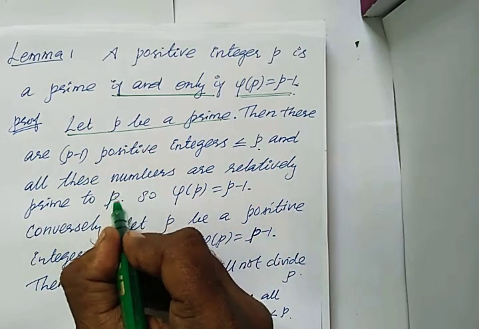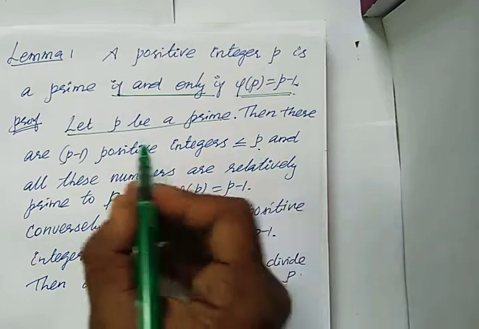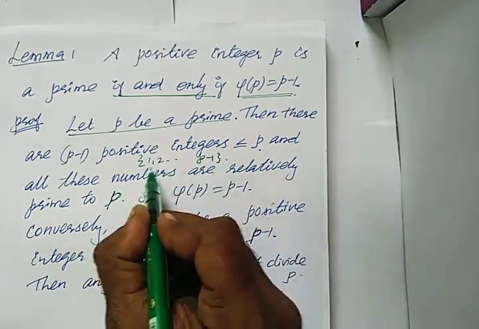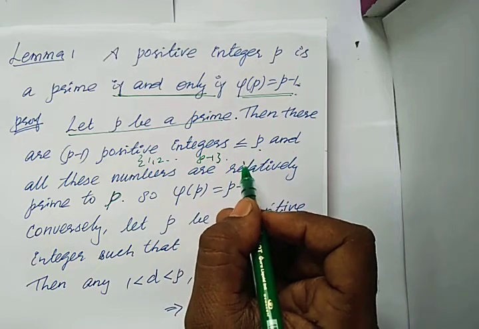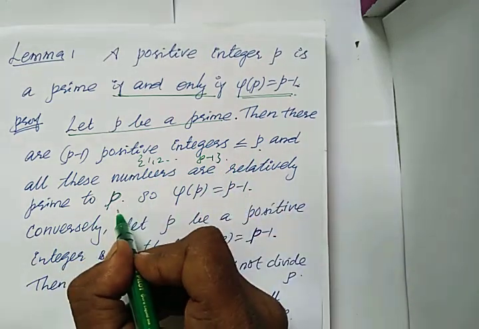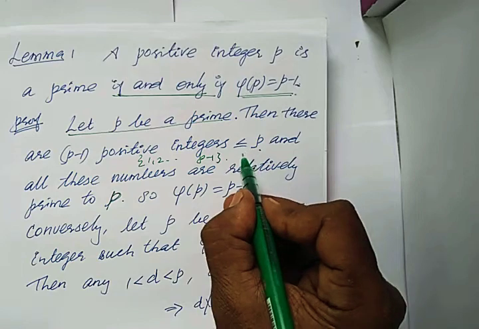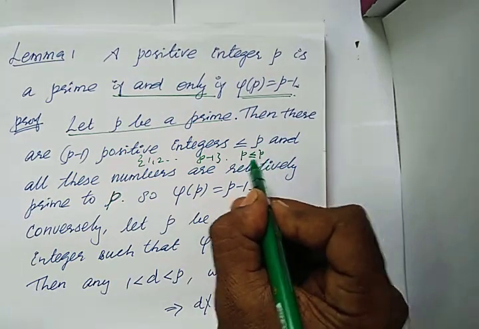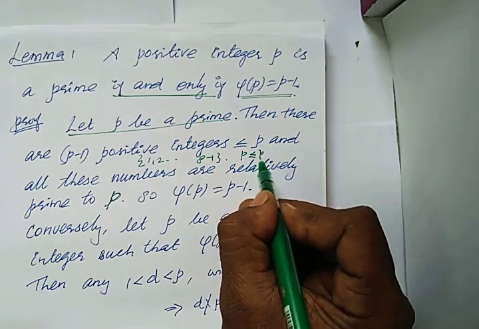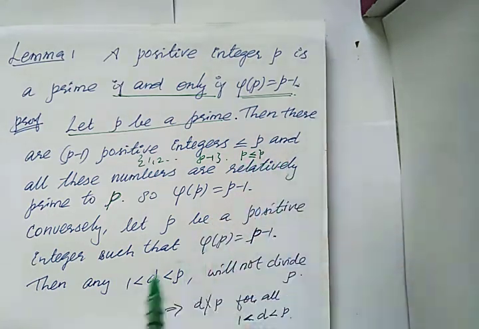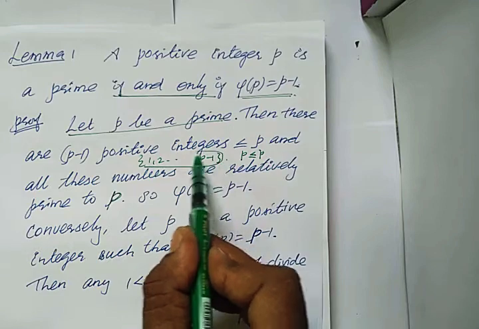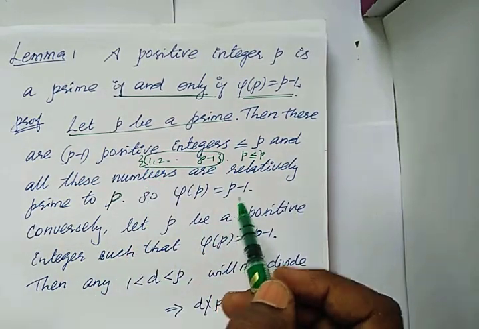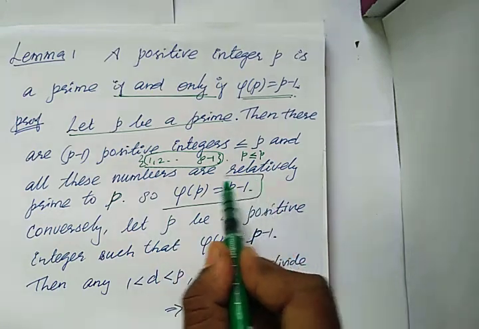But the number p itself, which is also less than or equal to p, is not relatively prime to p, since it has the common divisor p. So there are p minus 1 numbers which are relatively prime to p and less than or equal to p.